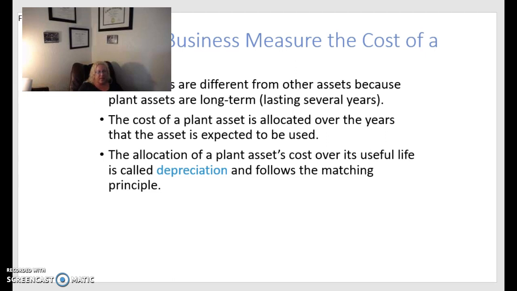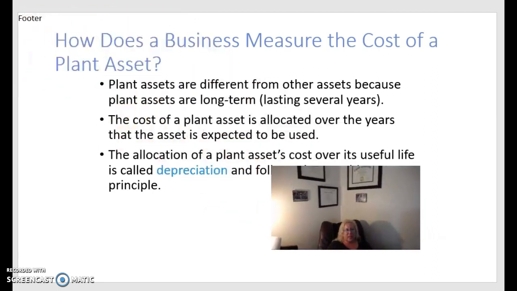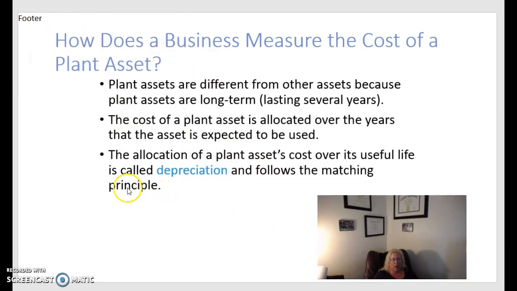Plant assets are different from other assets like office supplies because plant assets are long-term, meaning that they last several years. And this requires a business to allocate the cost of the asset over the years that the asset is expected to be used. This allocation of a plant asset's cost over its useful life is called depreciation, and it follows the matching principle.